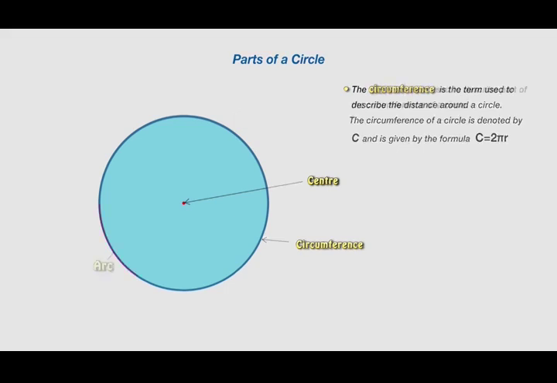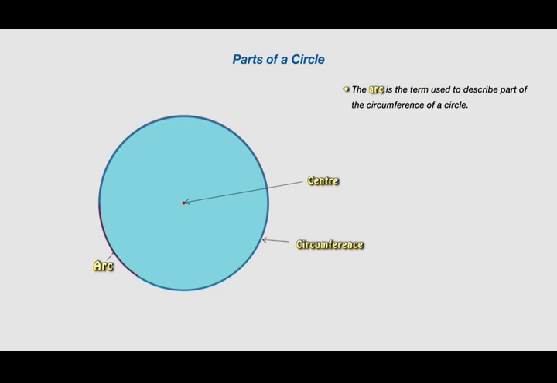Now, the arc. An arc is the term used to describe parts of the circumference of a circle, just a small portion of the circumference.